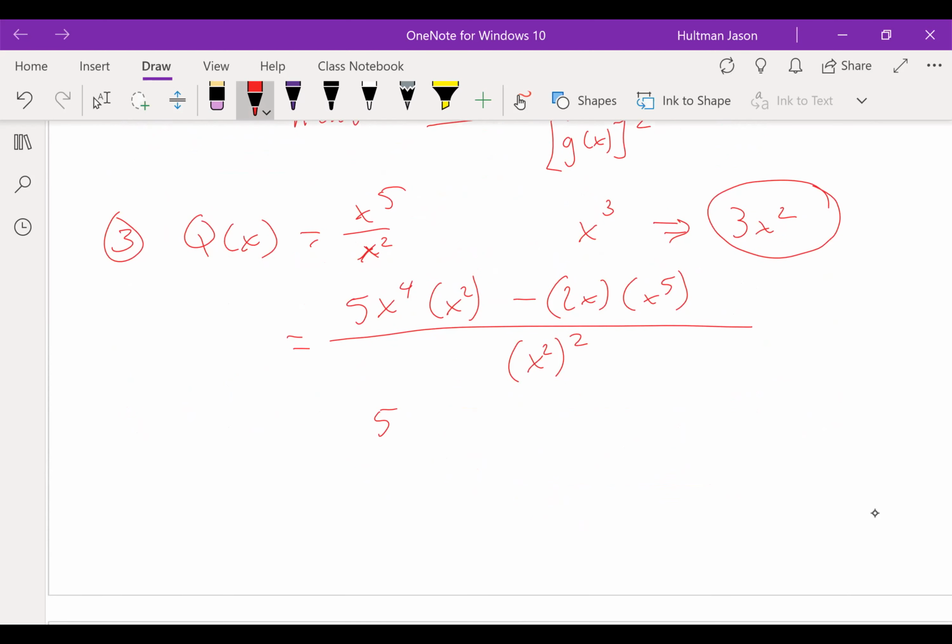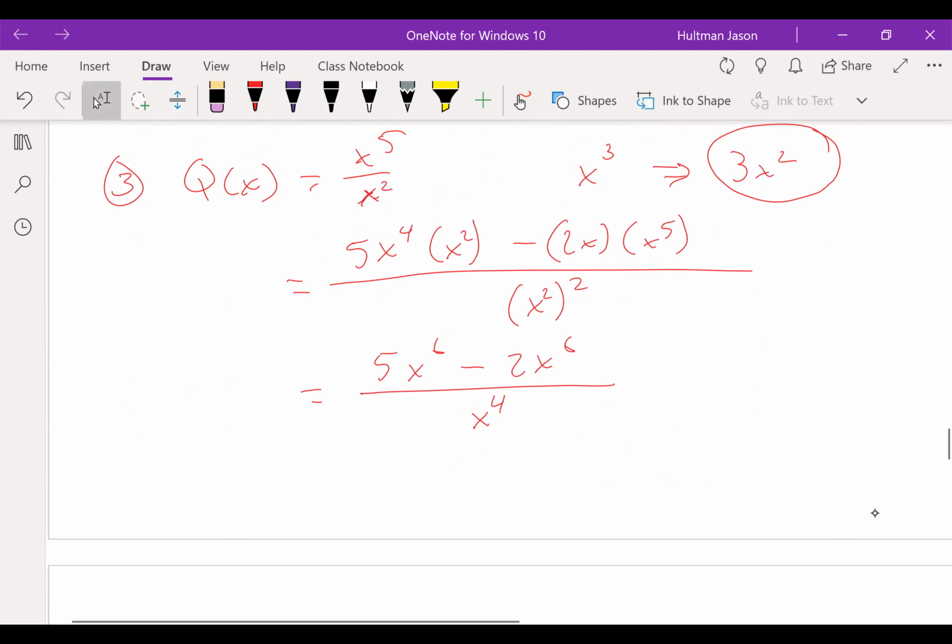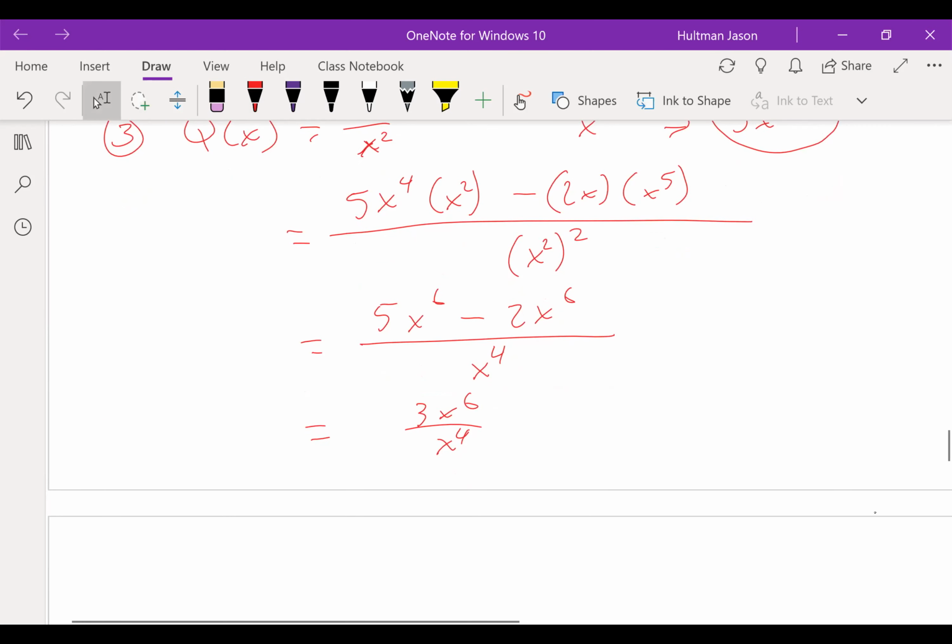This is going to be 5x to the 6th minus 2x to the 6th all over x to the fourth. So this equals 3x to the sixth over x to the fourth. Well, 6 minus 4 is 2, so this becomes 3x squared. Same as we got before.